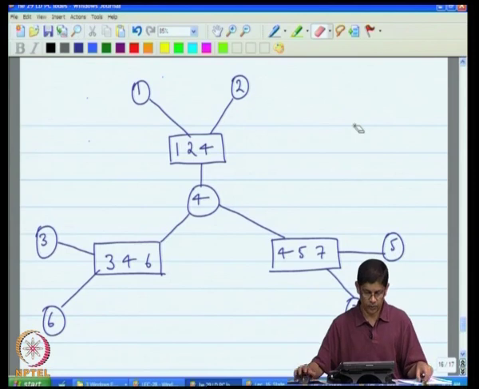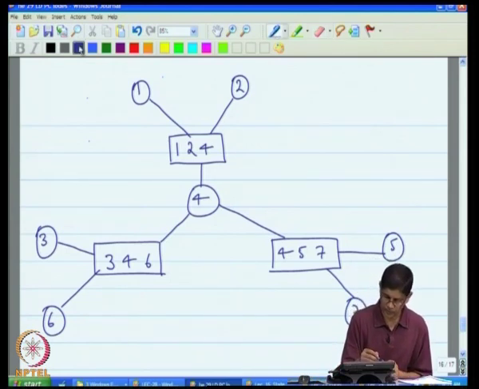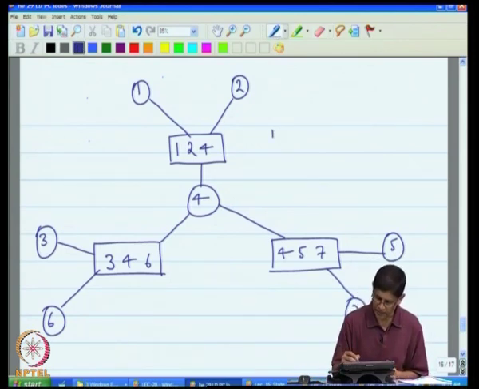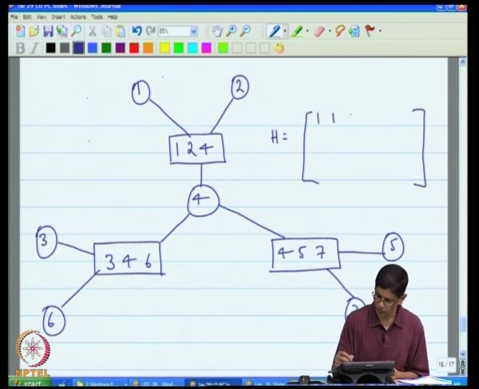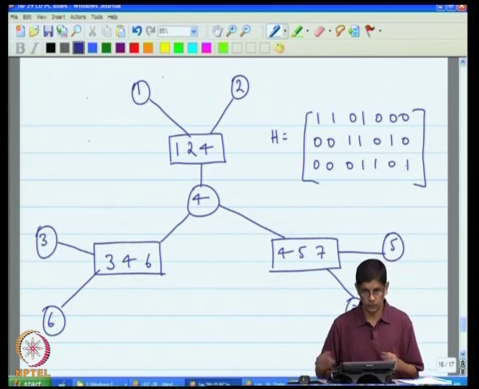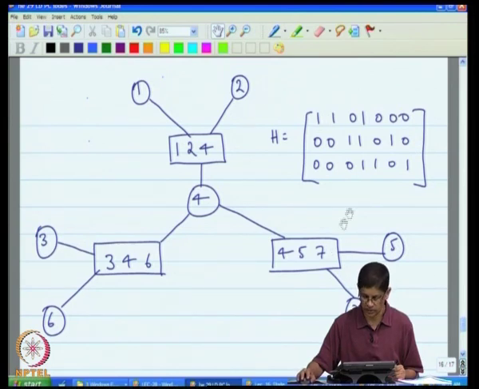If you recall, this particular code had a parity check matrix of this form. This parity check matrix had 3 rows, and each of these parity checks is associated to a node in this graph.